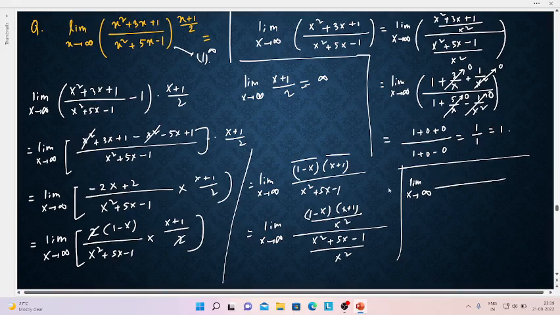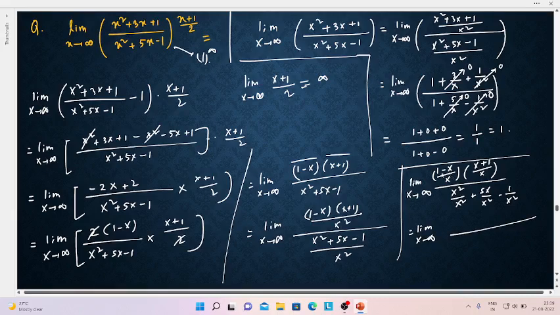So the numerator can be written as (1 - x)/x times (x + 1/2)/x. Similarly the denominator will be x²/x² + 5x/x² - 1/x². So that is the limit x tends to infinity of (1/x - 1) times (1 + 1/(2x)), over 1 + 5/x - 1/x².